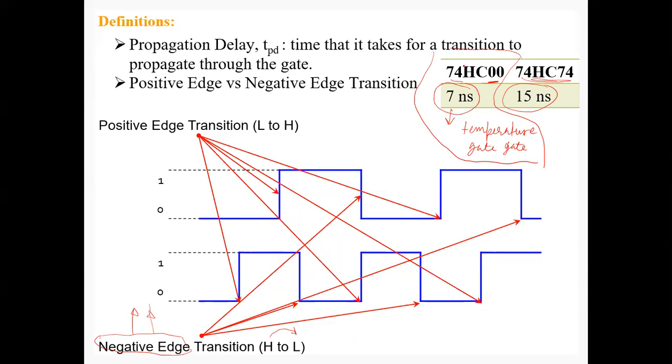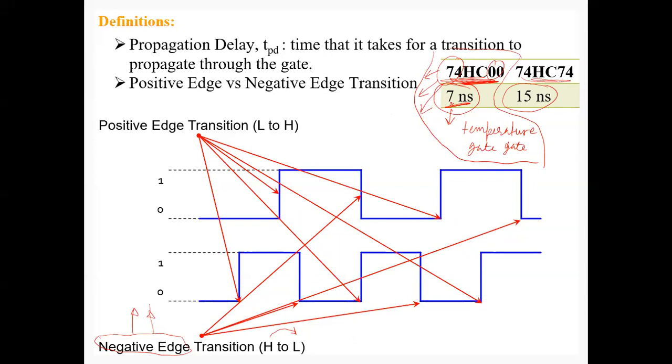Suppose you are talking about the 7400. This device, we call it 7 nanoseconds. If you heat up this device, the propagation delay might change. Also, one 7400 chip might be different from another 7400 chip, which is different from the third one.